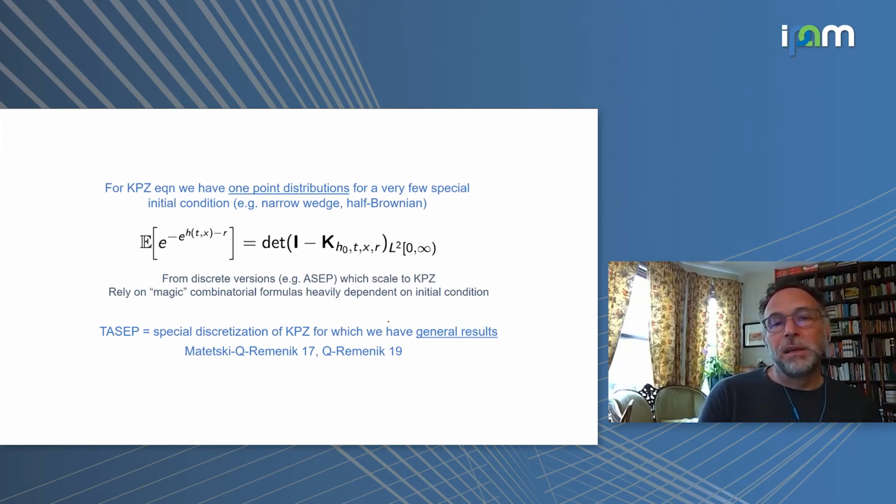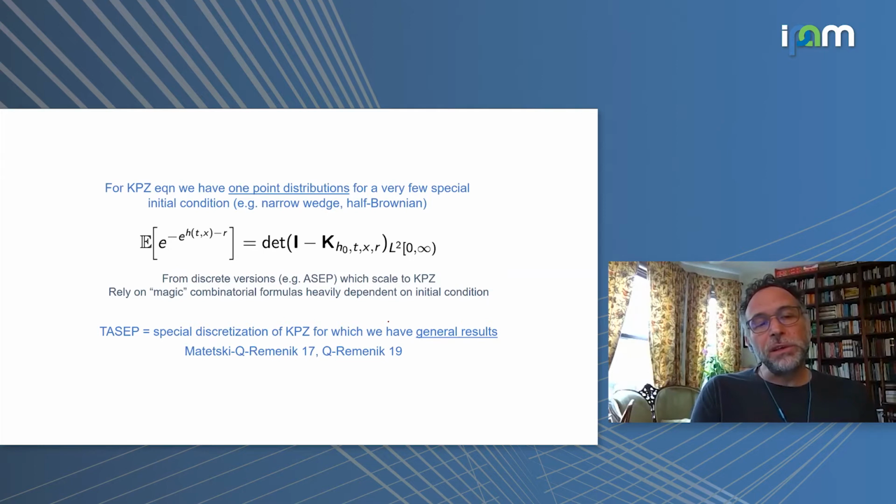Half Brownian means to start the stochastic heat equation with e to a Brownian motion on one side, so for x positive, and with 0 on the other side for x negative. And so the log of that is minus infinity to the left and a Brownian motion on the positive side. So these are some strange initial conditions.